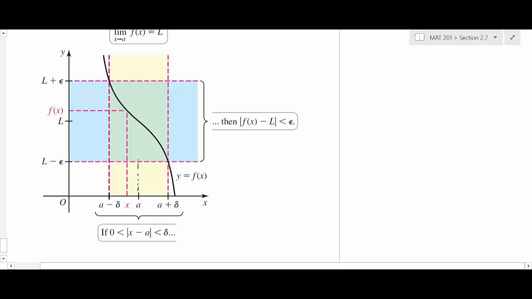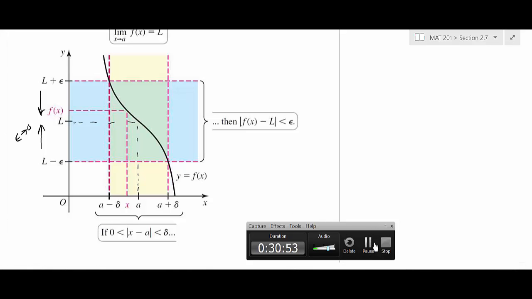You're doing a limit as x approaches a. That'll give you the value of the limit. And then as epsilon gets closer and closer to zero, you'll still be able to find a delta that will fit within that delta belt. So that's the idea. I hope that helps you to understand these proofs at this level.